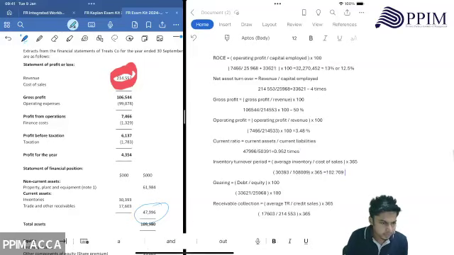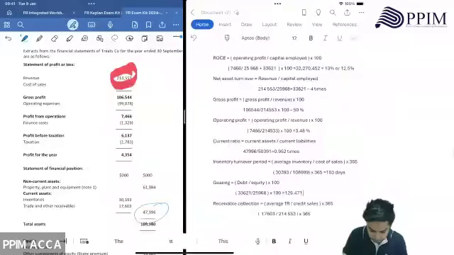This one, guys, is it 102 days? Yeah, no, 102 or 103 days approximately. Okay. Then, guys, over here, 129%. No? Yeah, 129%. Okay.